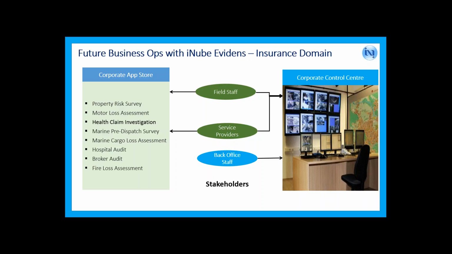You want to do a property risk survey for a case that has come in, where someone wants to insure a property and you want to send someone to do a risk survey. There is a property claim that has happened, or a fire loss assessment, as we call it. A hospital audit, where you want to onboard a hospital into your service provider list. So how do we enable on-field operators to have a single app with all these multiple abilities to perform different business scenarios?